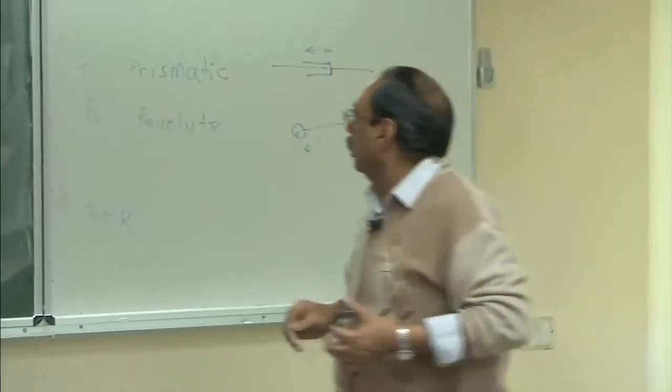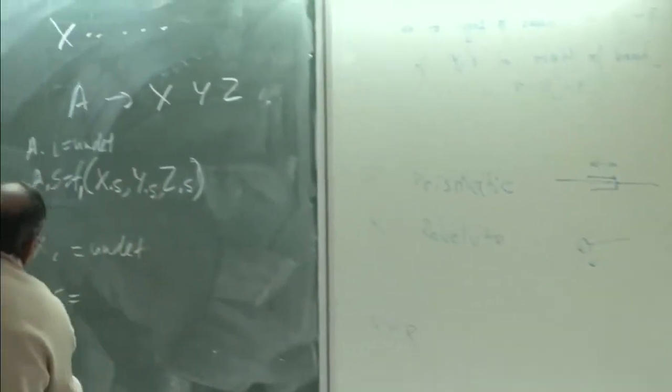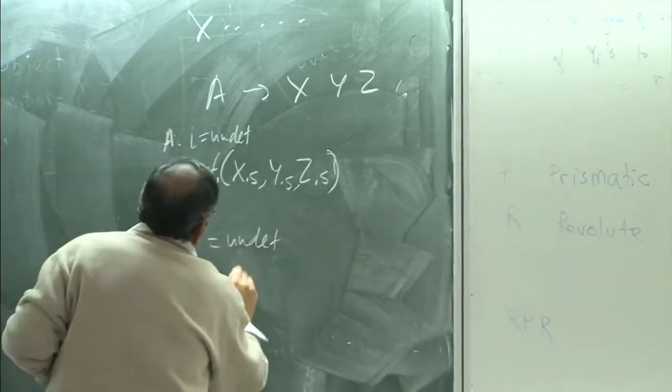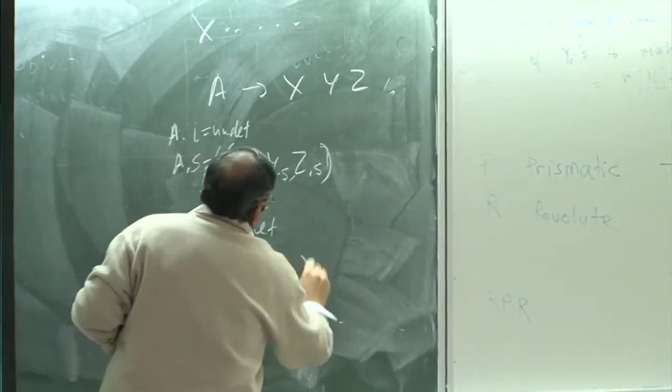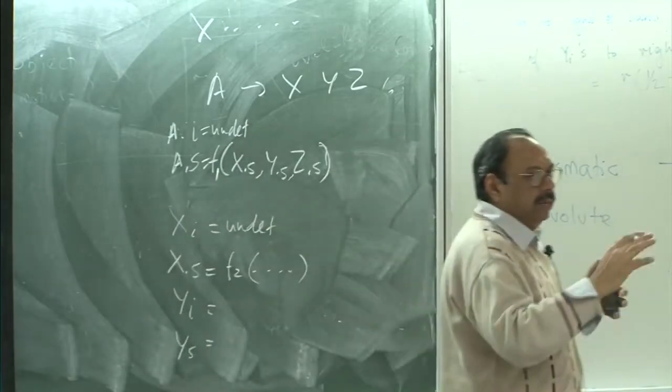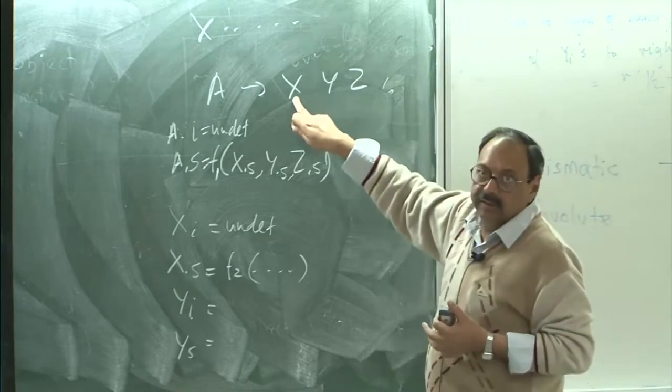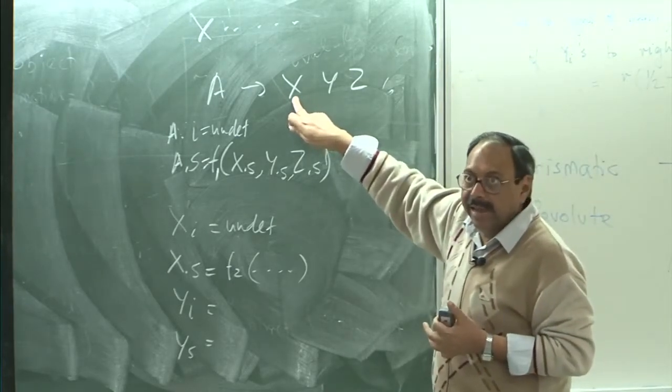Okay. Now, what about y inherited? So, let us try to compute y inherited. So, x is now a function corresponding to some symbols, but it can be defined using the rule of x. What about y inherited? What does it depend upon? It can only depend upon inherited attribute of the parent, which is undefined, and then it can depend upon attributes of its left sibling, but xi is undefined.